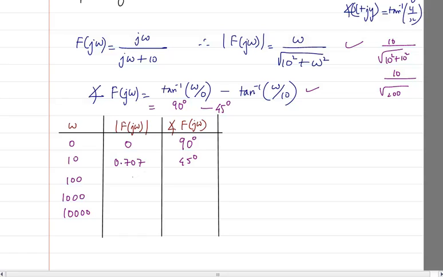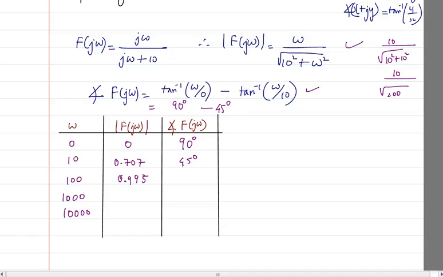Similarly, if I put 100, the value I will get is 0.995, and for the angle, I will get 90 degrees minus tan inverse of 100 by 10, which is tan inverse of 10.